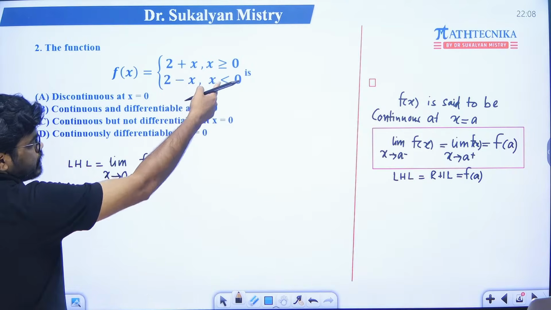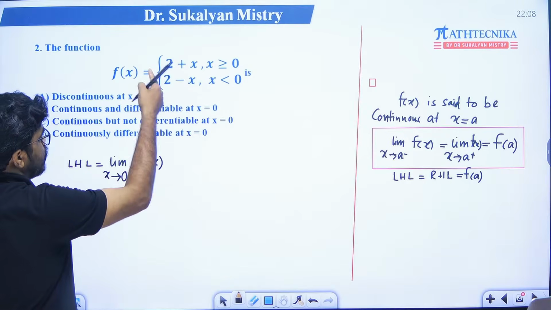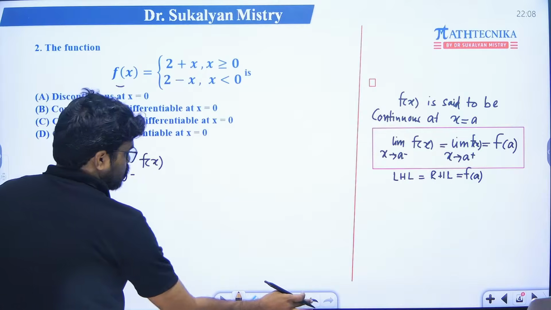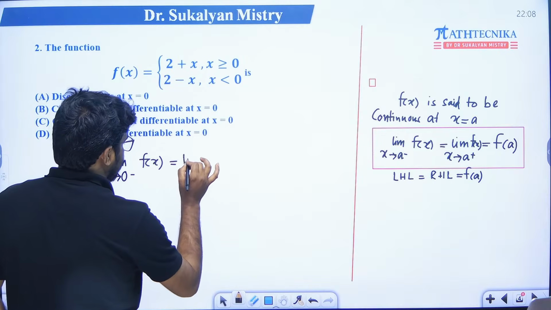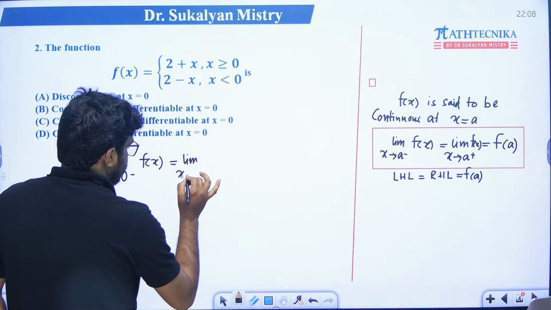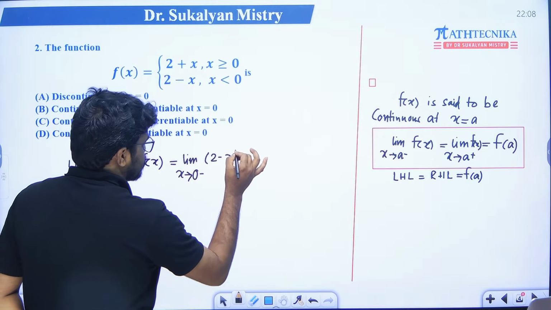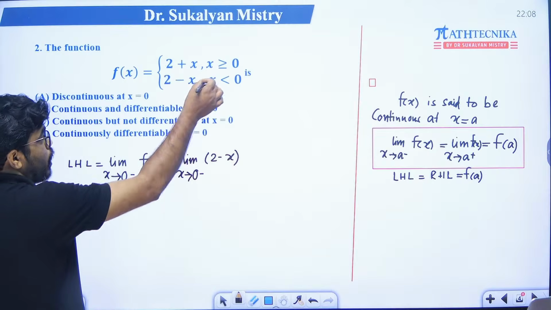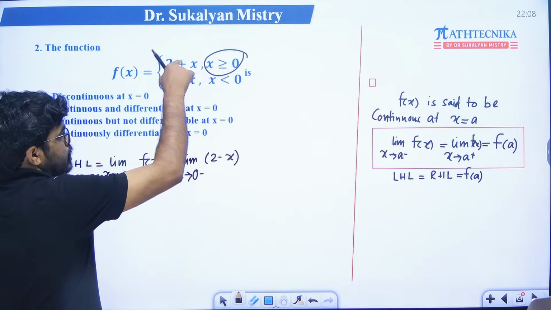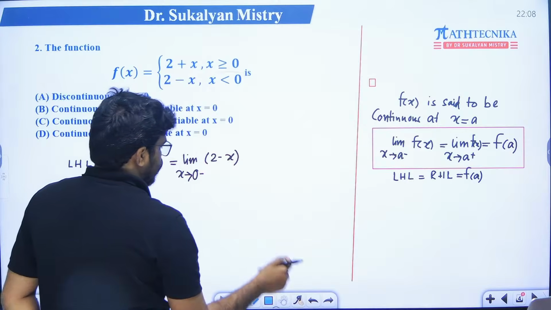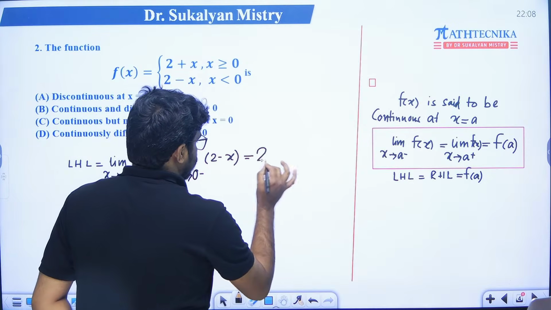When x is less than 0, the value of f(x) is 2 minus x. So limit x tending to 0 minus of 2 minus x. When x tends to 0 plus, x is greater than or equal to 0, that is 2 plus x. When x is less than 0, f(x) is 2 minus x. So x equal to 0, we get 2.